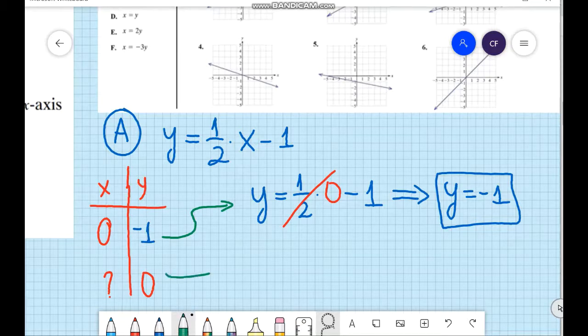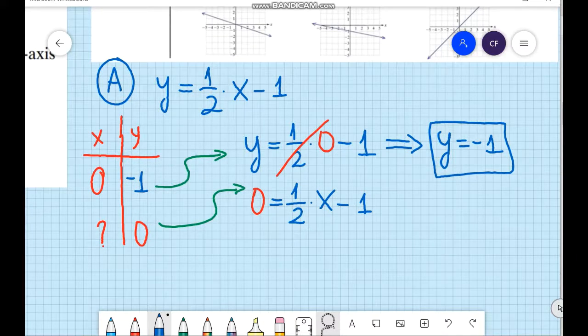The next, y equals 0. So 0 equals 1 over 2 times x minus 1. We're going to have to apply the addition property, right? We want to get rid of this -1 here. So add 1 on both sides.